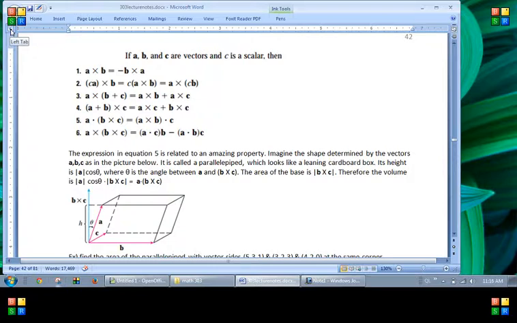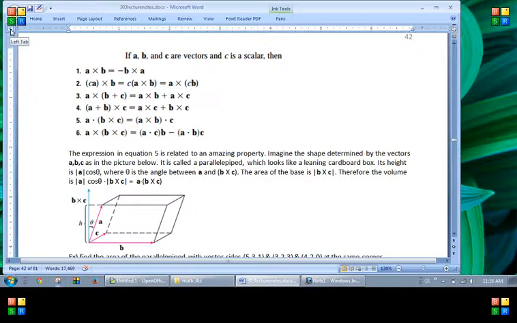So what's the height? Well, you've got that A vector there. So the height is A times, what do we need? Cosine of theta. Where theta is the angle between A and what? It's not between B or C, but it's the direction that's perpendicular to both B and C. It's like another axis, in a sense.